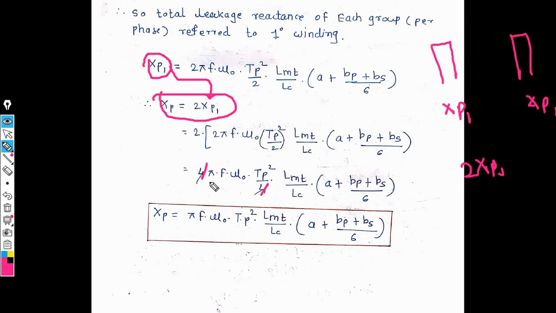Then pi into f into mu 0 into Tp square into LMT upon LC into A plus Bp plus Bs upon 6. Now this is the total leakage reactance referred to the primary winding. This is a very important expression to find out the leakage reactance.